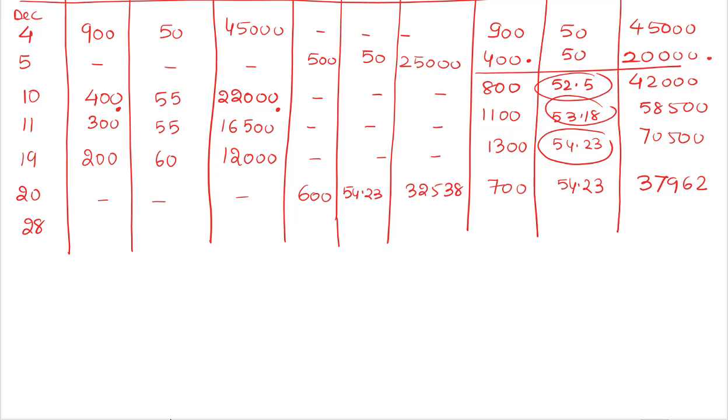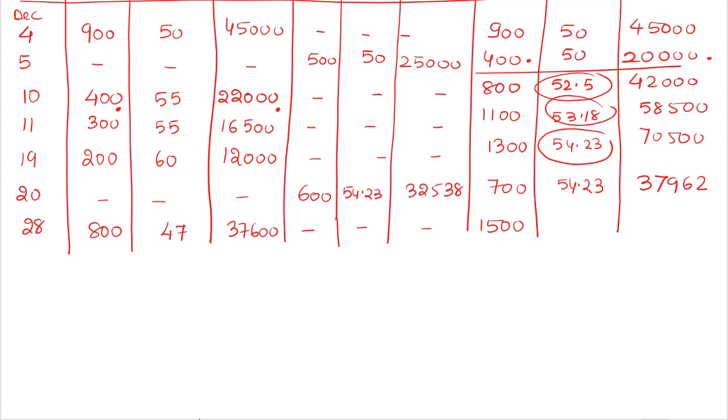On December 28, there is a receipt of 800 units at a price of 47. So 800 multiplied by 47 is 37,600. There is no issue. Let's write the balance. 700 plus 800 is 1500.